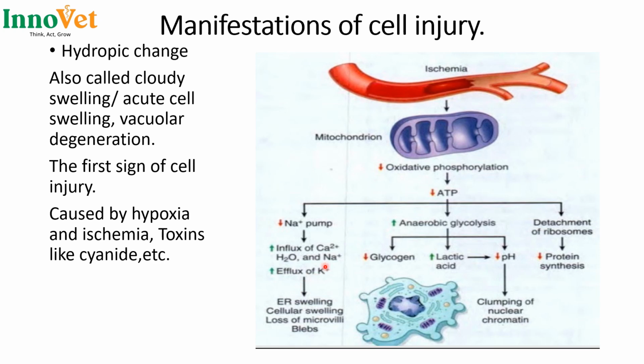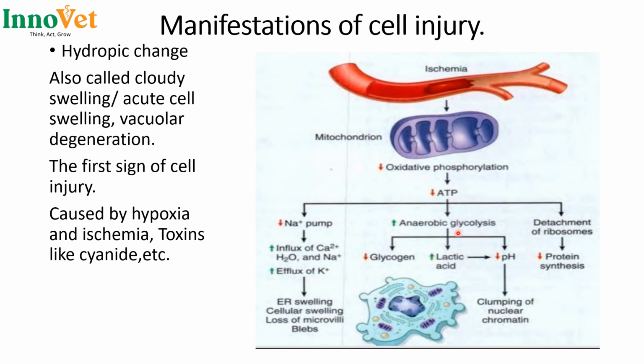So as these sodium ions are influxing into the cell, we shall have water following sodium. Then this will cause swelling of the cell and also the tubular organelles, and loss of microvilli and membrane blebbing.